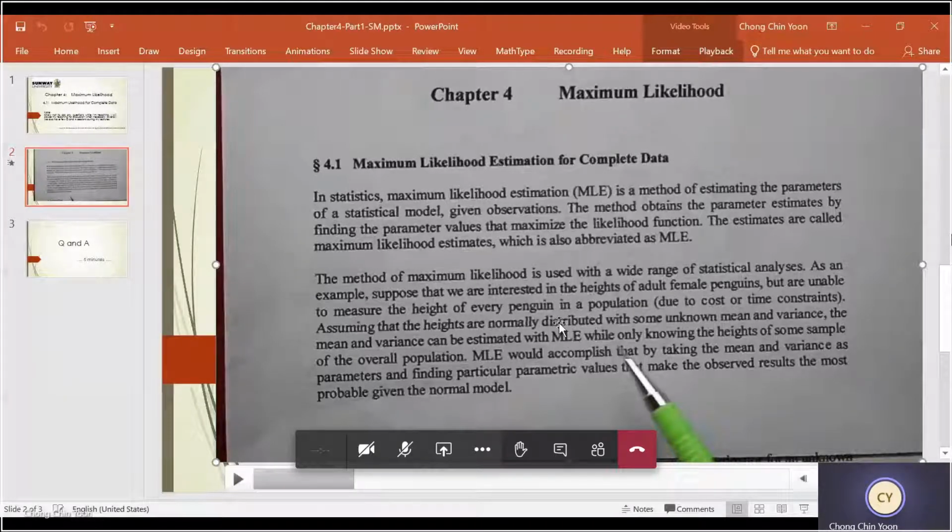Assume the height is normally distributed. Under this sample from the penguins, we can do the MLE. We can do the MLE for a certain sample to determine the height of the population. So that is one example for MLE. Let's carry on to the next.